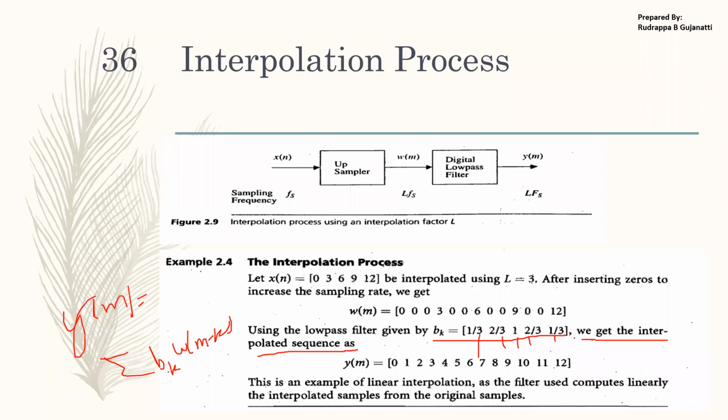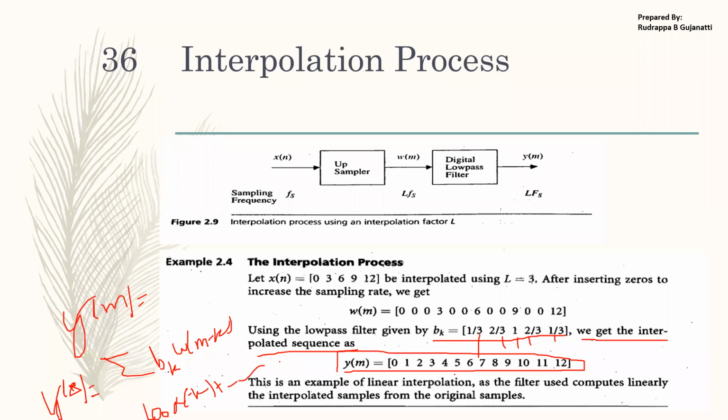The remaining coefficients are 0. If I have to get y of 0, I take b naught into x of minus k and so on. Then I get this overall sequence.